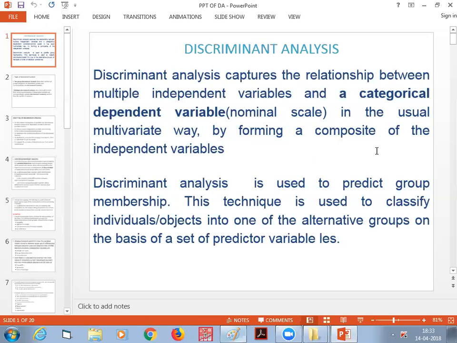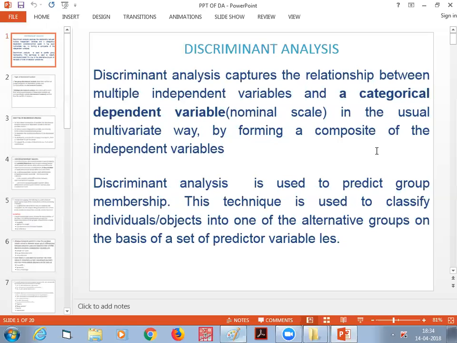Discriminant analysis captures the relationship between multiple independent variables, that is, the explanatory variables, and a categorical dependent variable. So the dependent variable y must be on a nominal scale, nominal data. It works in the usual multivariate way, by forming a composite of independent variables. Means, in a similar way to the regression model, we can also write down the discriminant model.